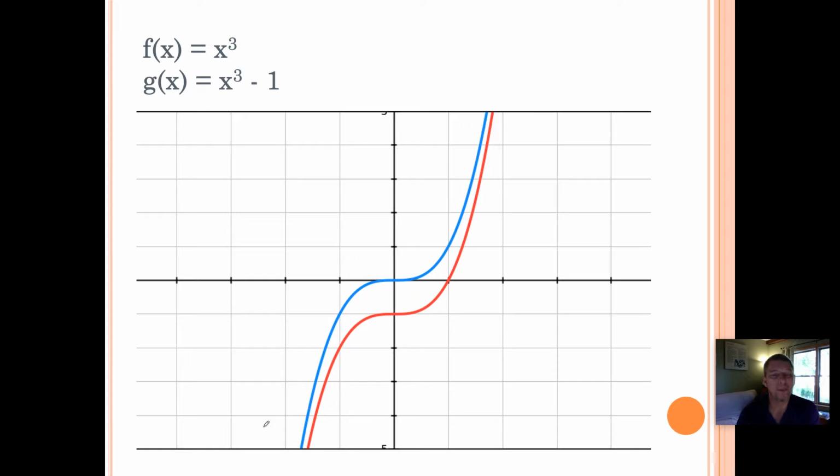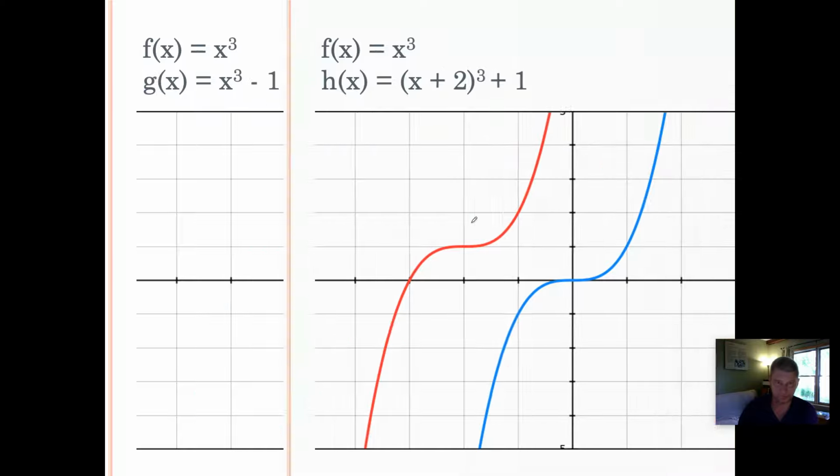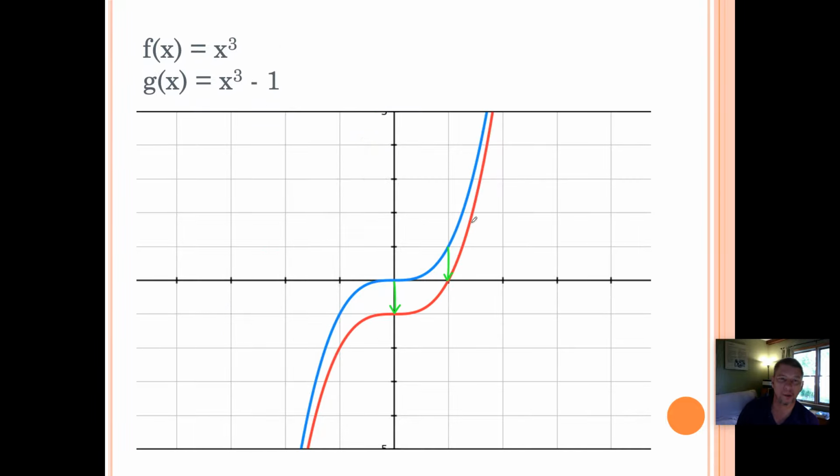And what we did here is we simply took the entire graph and we moved it downward by 1 spot. All right. Now, it gets a little tougher to see when the lines get a little closer, but if you look carefully, you can see that that is indeed what happened.